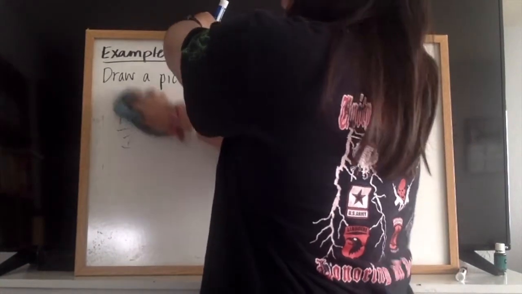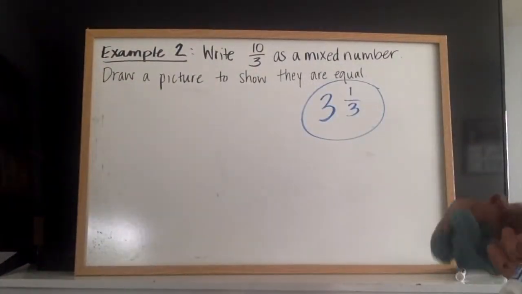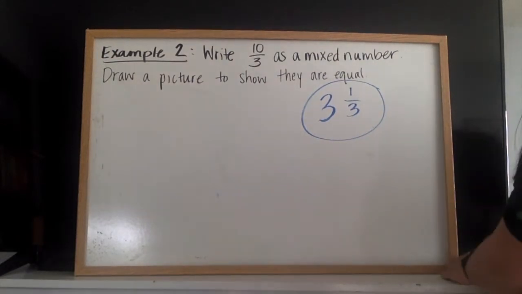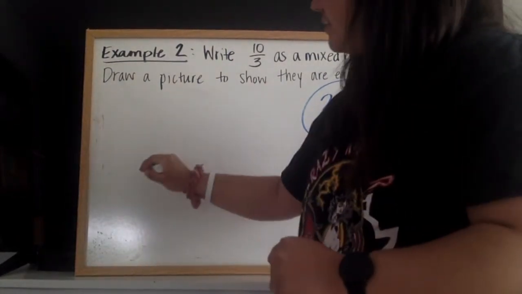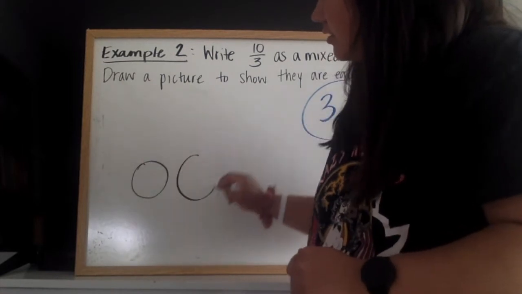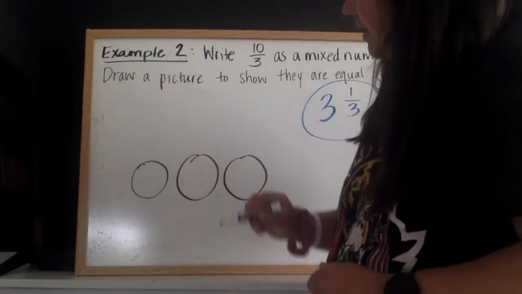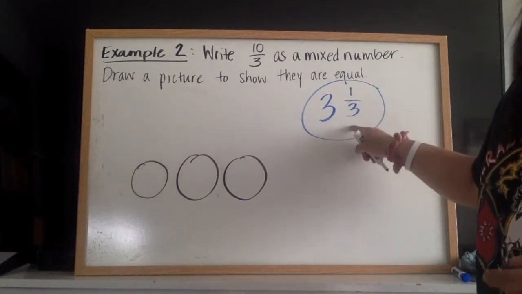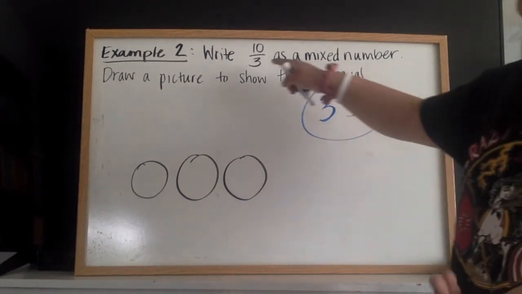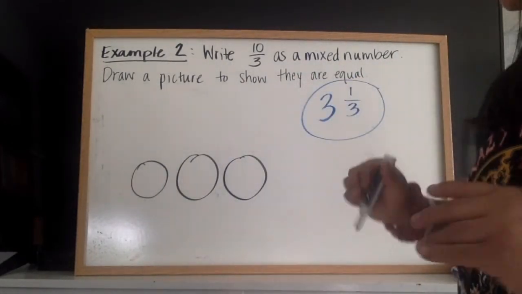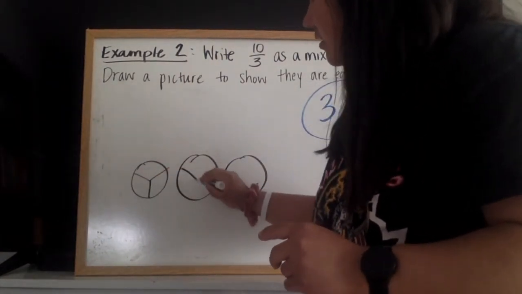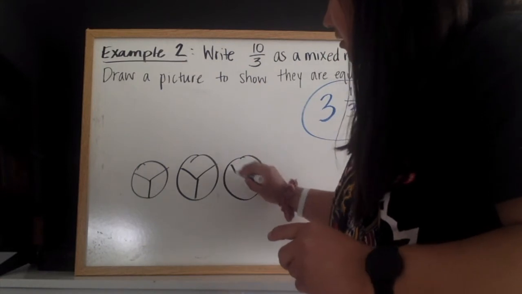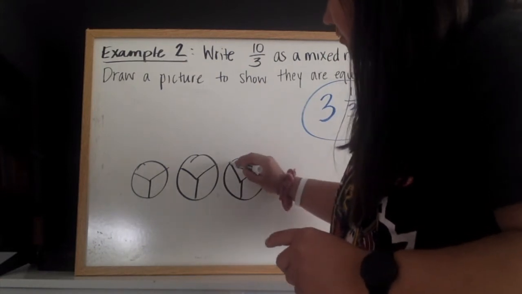So I'm going to do like I did last time. I'm going to draw my whole numbers first. So I have 3 of them. I'm going to draw 3 circles. 1, 2, 3. And then because we're dealing with thirds, each circle should be broken up into thirds. Okay.